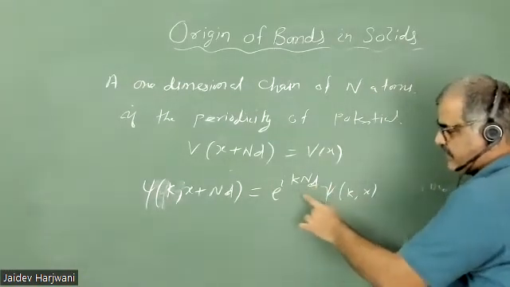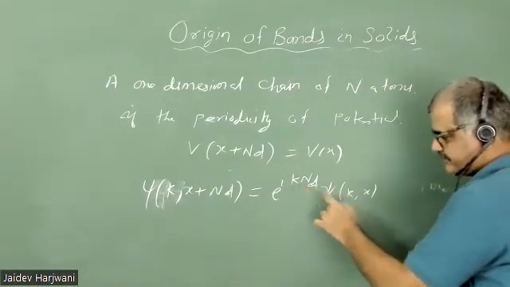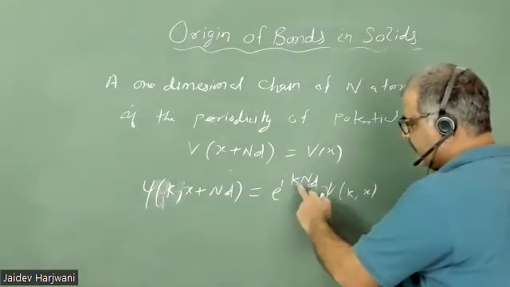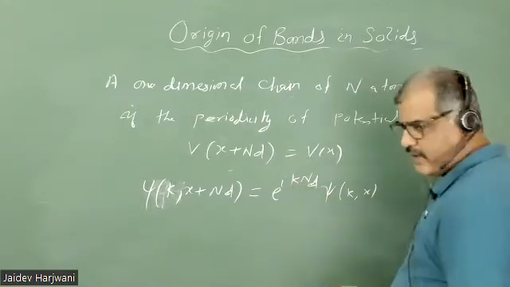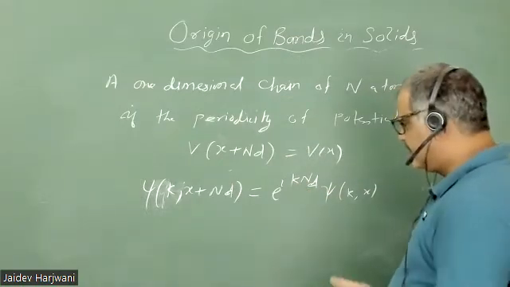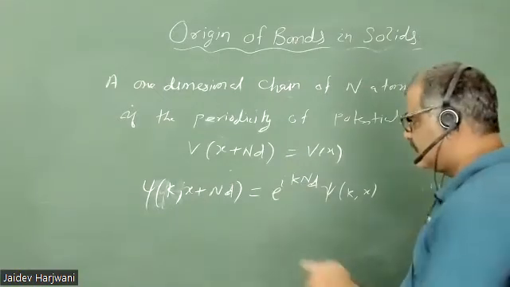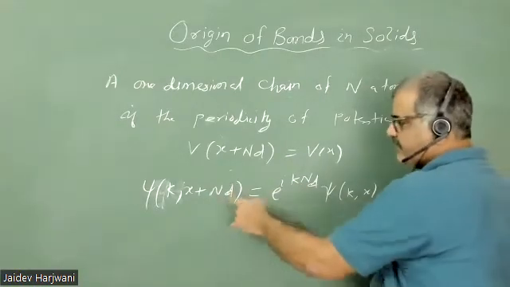Now if I put this condition that k n d is equal to 2 pi n, then this factor becomes one. Once this factor becomes one, my wave function becomes the same.